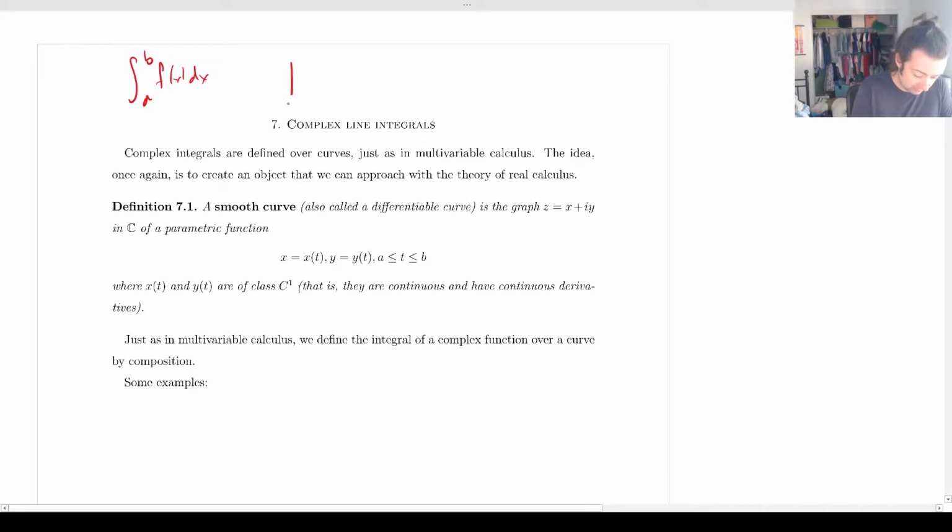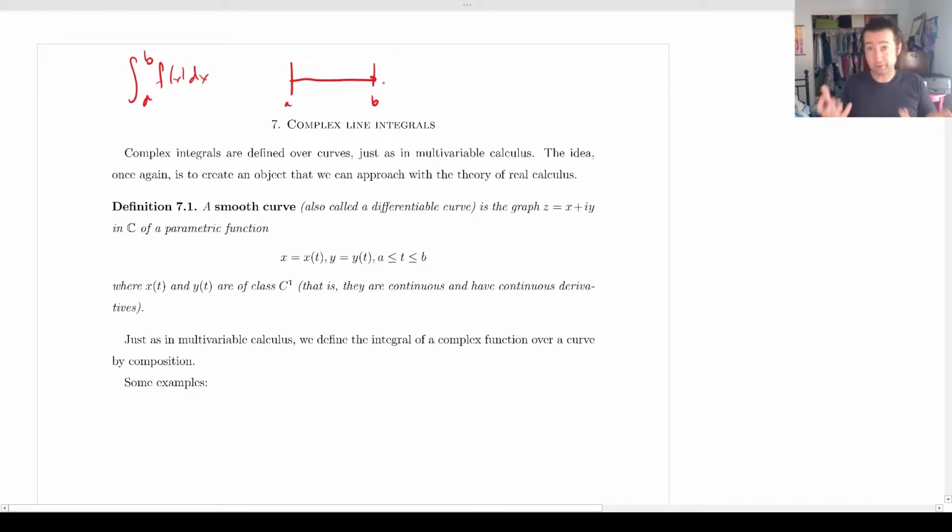You start at a, travel along some parametrized path to the point b, and traverse that interval. You can think of it as a line segment starting at the point a and ending at the point b.